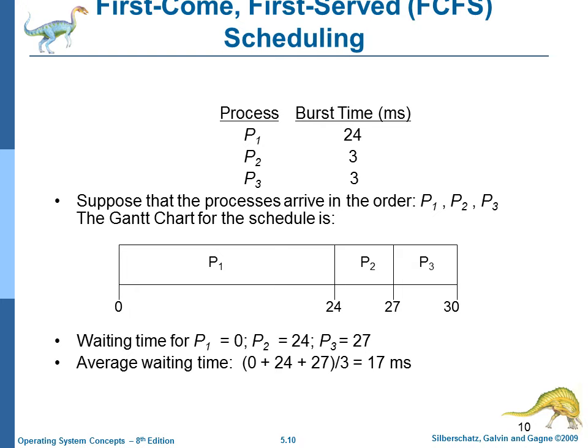The waiting time is 0 for process 1, 24 milliseconds for process 2, and 27 milliseconds for process 3. So the average waiting time for the three processes is 0 plus 24 plus 27 over 3, which is 17 milliseconds, a long average waiting time.